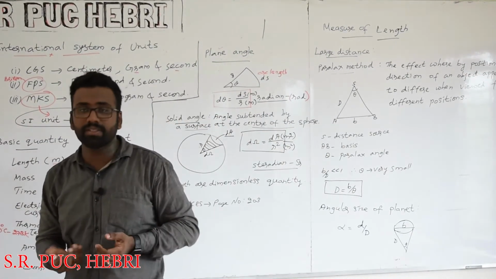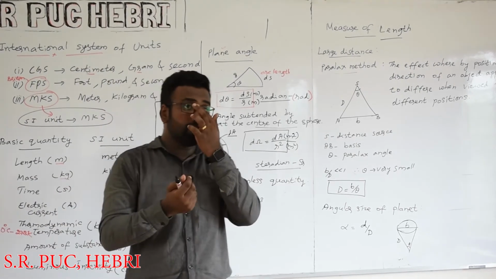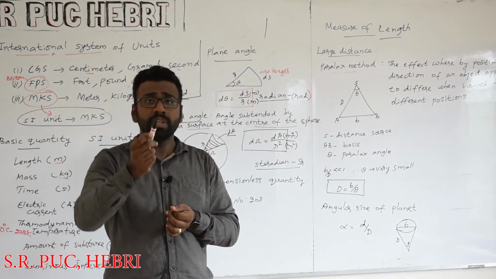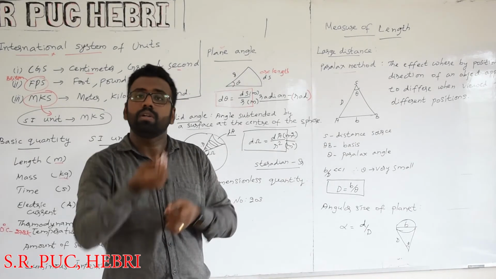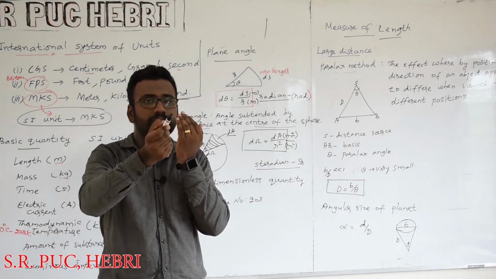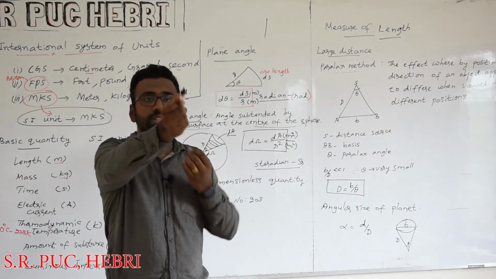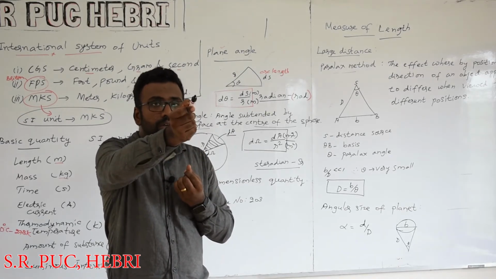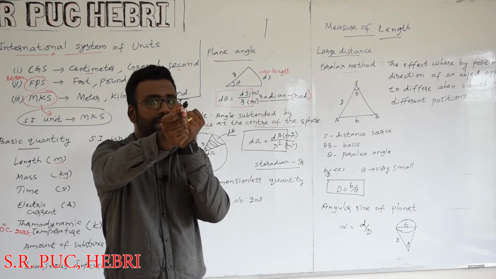Okay. For the understanding of simple parallax, I can give you an example. When you point a pencil at a particular point on the wall, you close one of your eyes, say your left eye, and just look at that point. Without changing the point, you close your right eye and open the left eye.